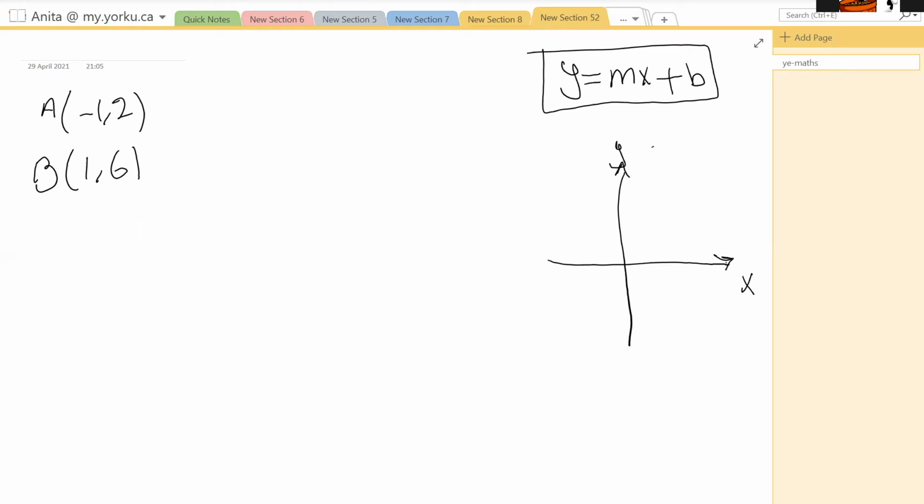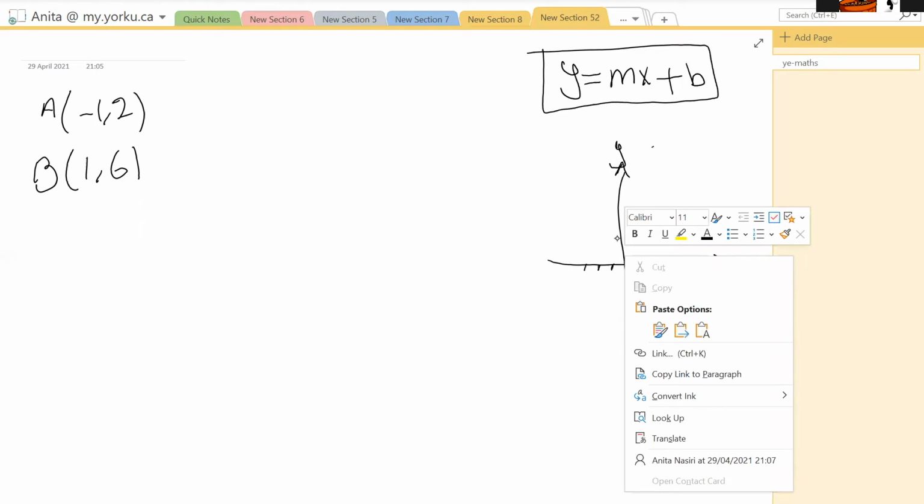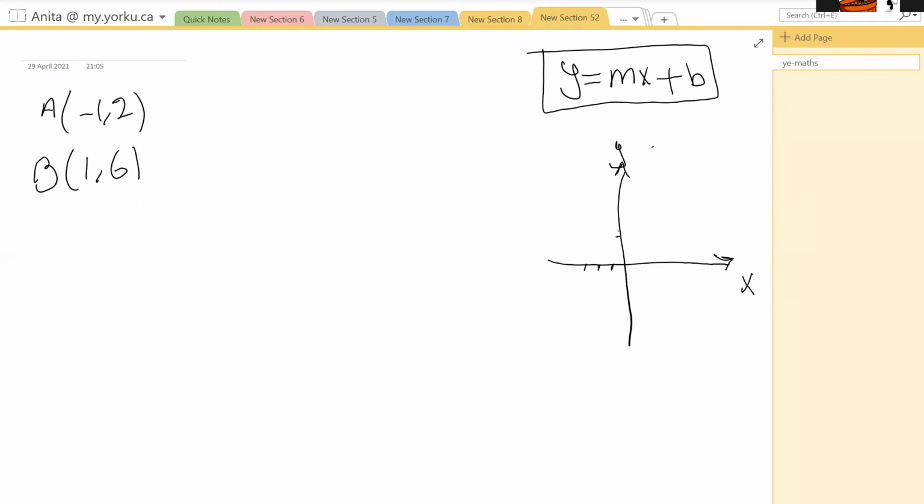Where is the point A? Can you help me with that? So -1, -2, -3, something like that. And the 1, where is that? 1, 2, and 3. So where is the point -1 and 2?